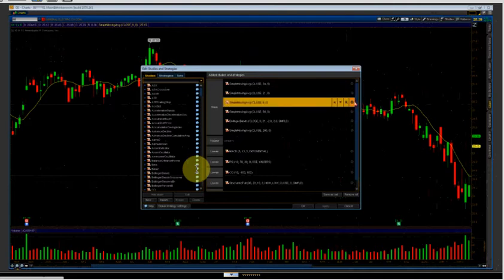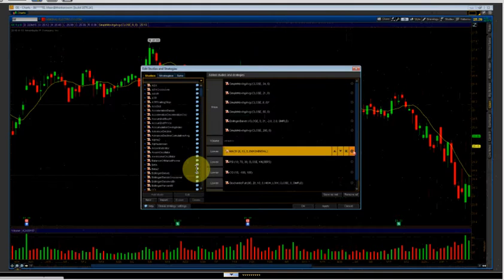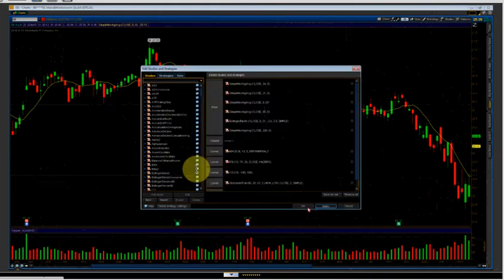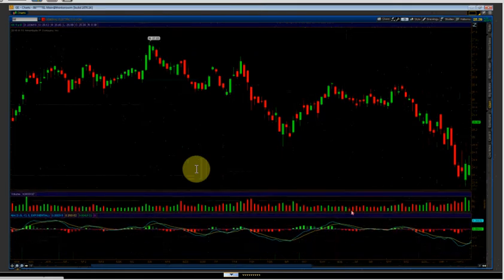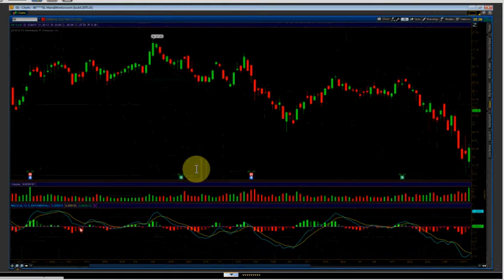So let's take a look really simply at a couple lower indicators. MACD's pretty popular. So we'll take a look at this chart with a MACD. Now, there's 2 common perceptions of how to use the MACD for your trades.